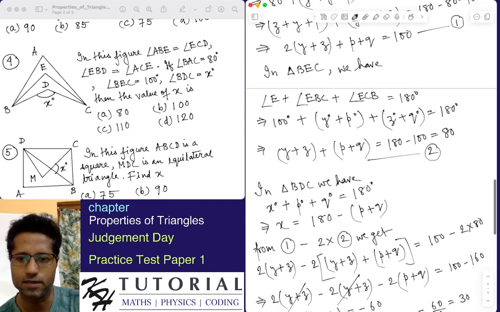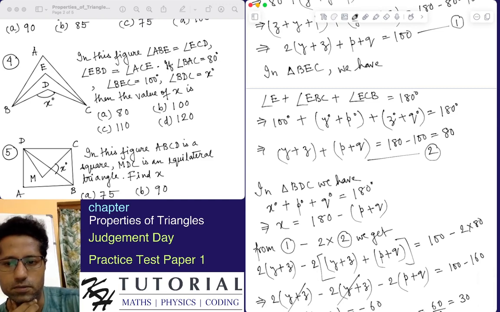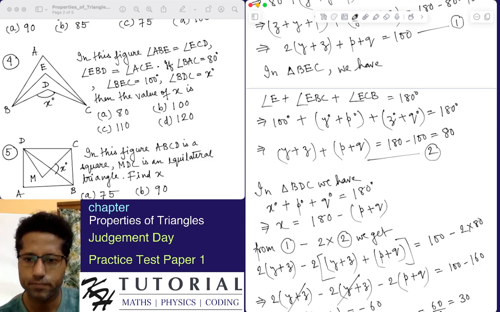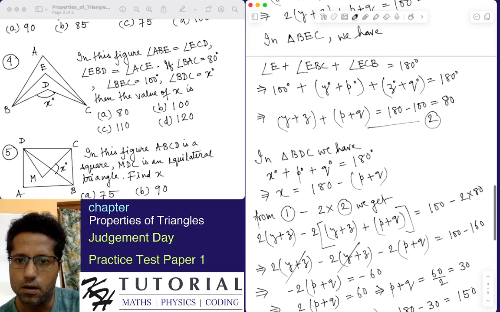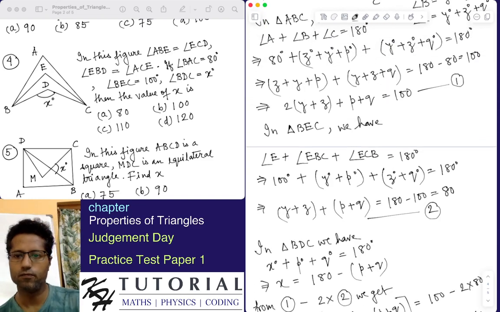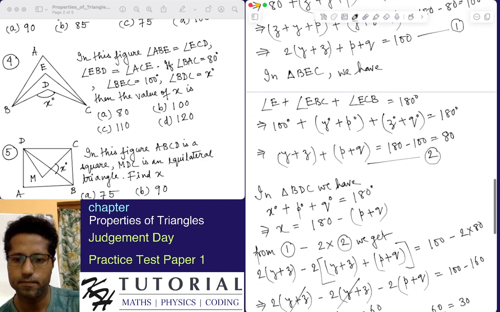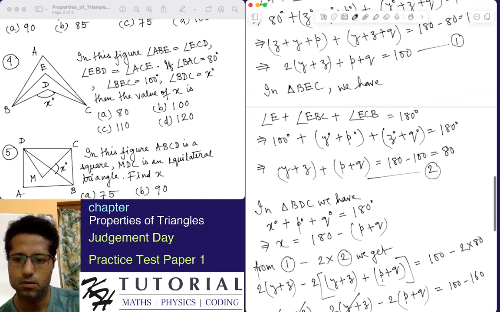So we have X equals 180 minus P plus Q. So if we can find P plus Q, we will find X. Now from equation 1 and 2 we have to find P plus Q. So we multiplied equation 2 by 2 on both sides, and then we subtracted that from equation 1. So we get 2 into Y plus Z.